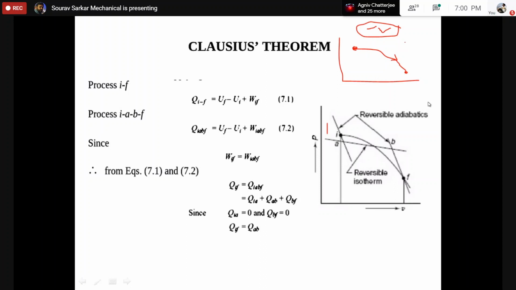And finally we concluded that heat transfer and work transfer are the responsible cause of any process. Whenever a system changes its state from 1 to 2, there will be a work transfer and a heat transfer.